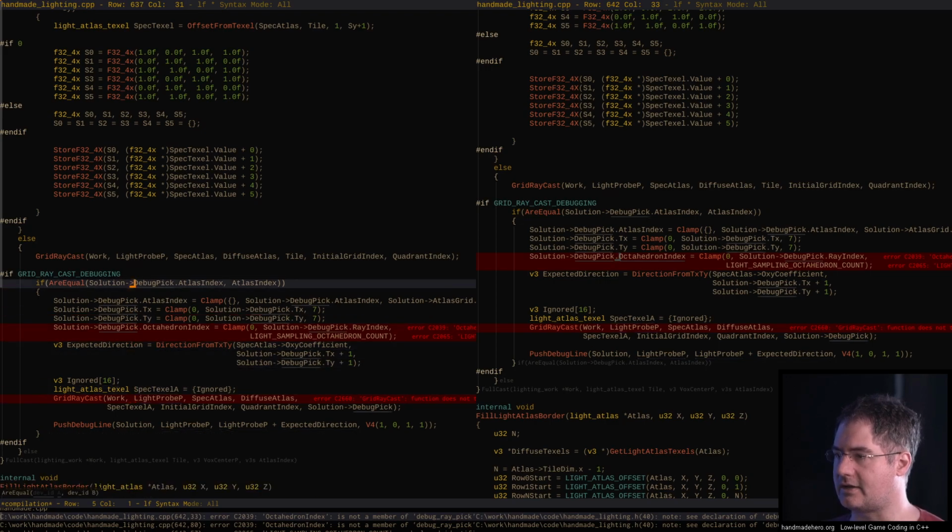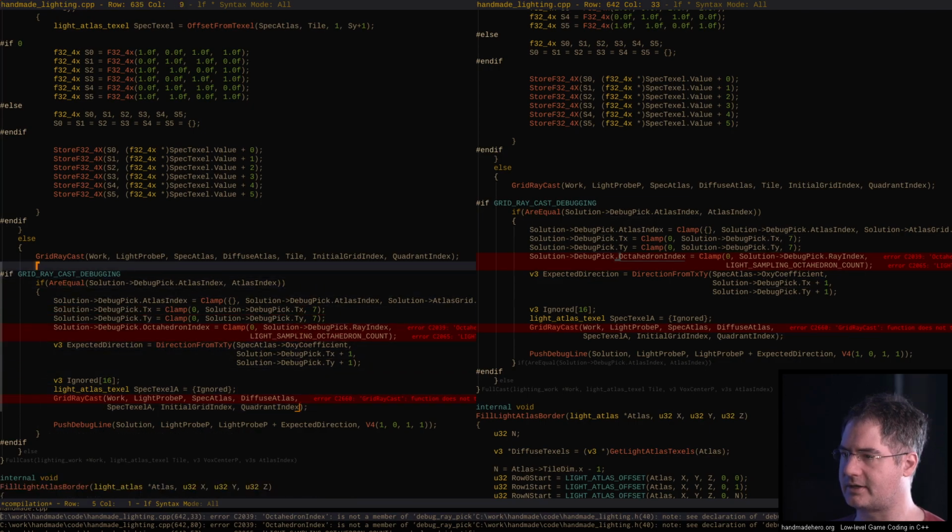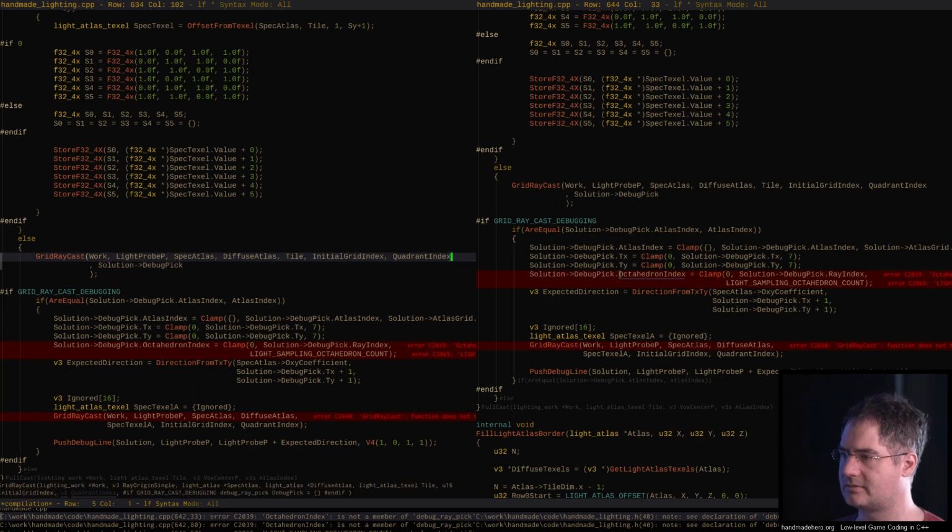So yeah, basically this is kind of just not necessary anymore. This can actually just be moved out. Like, we don't have to call this again, right? We can just call solution debug pick here, like so.